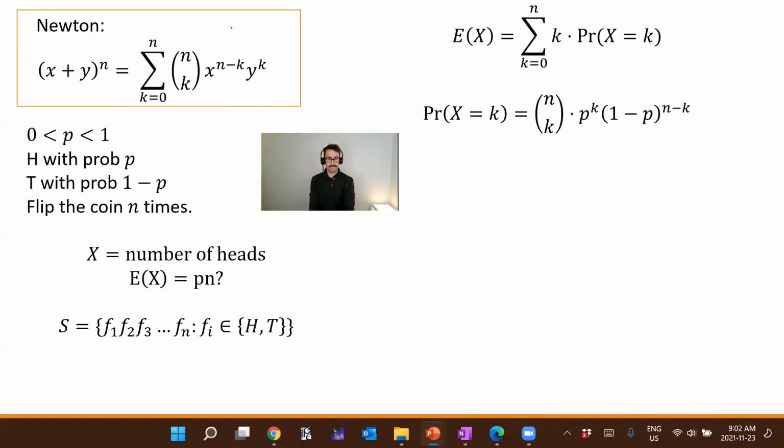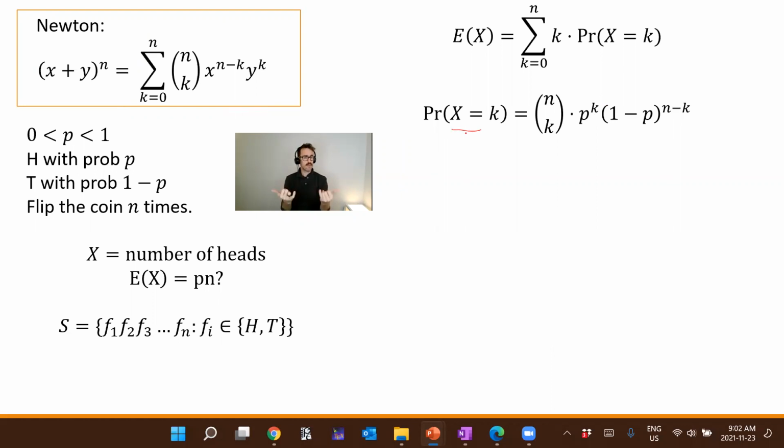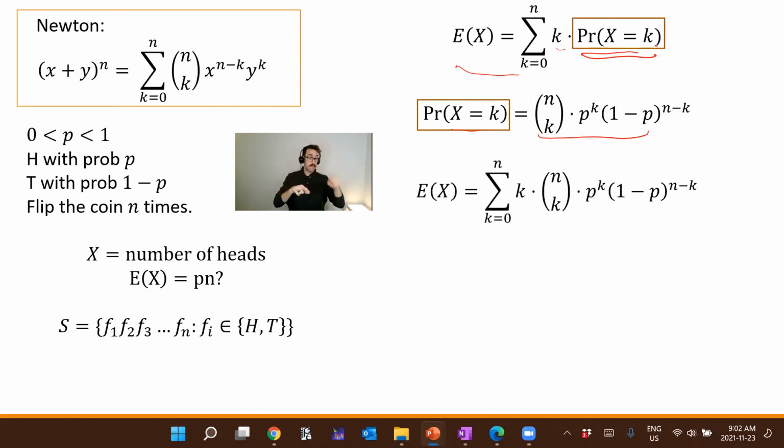Okay, so we have our probability for each individual event. Now we want to sum up over all of the events, X equal to k. So if we rewrite our expression here, substituting this in for this, we get the expected value of X is equal to the sum from k equals 0 to n of k times n choose k times P to the k times 1 minus P to the n minus k.